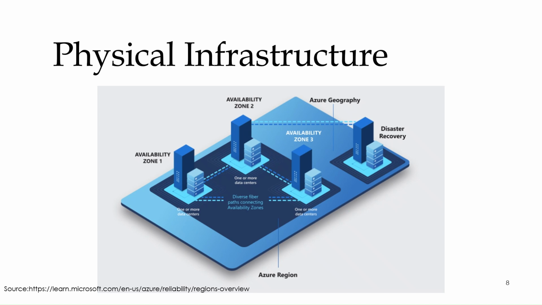And one region is paired with another region at least 300 miles away. This approach allows for the replication of resources across a geography that helps reduce the likelihood of interruptions because of events such as natural disaster, civil unrest, power outage, or physical network outage that affect an entire region.